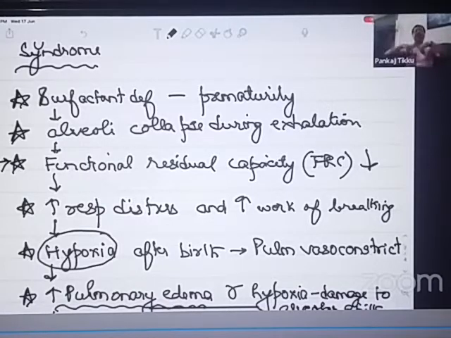When the child takes in air, alveoli will open. When the child exhales out air, now is the time when the functional residual capacity will fall. So as a result, the glottis will try to close to maintain the functional residual capacity. You understand? But the child is hypoxic, so he will try to forcibly breathe out against that closed glottis.